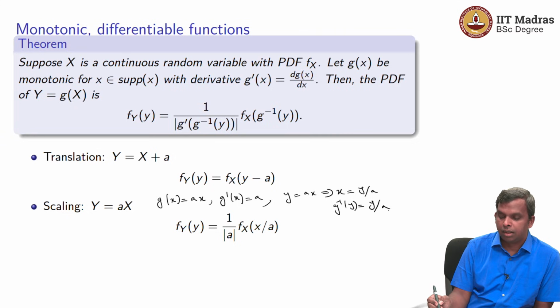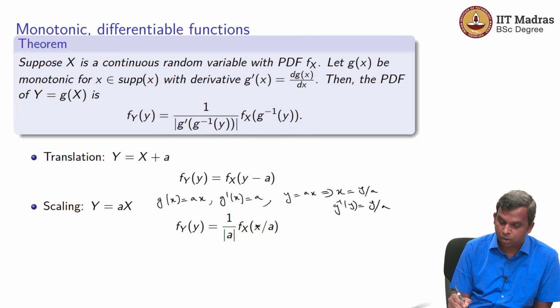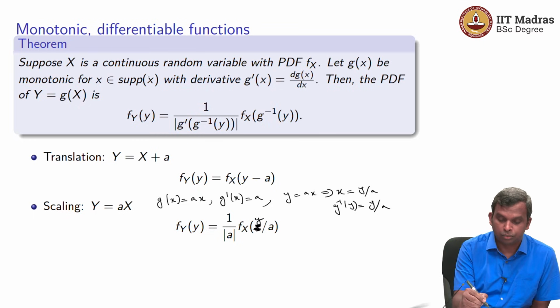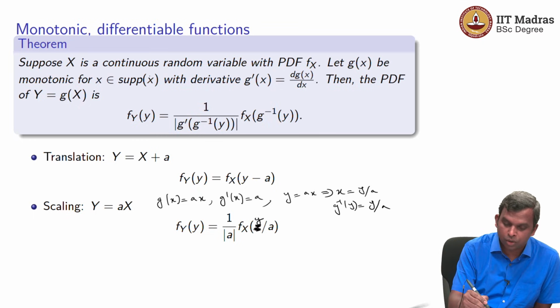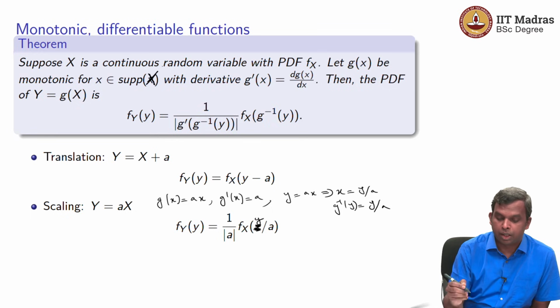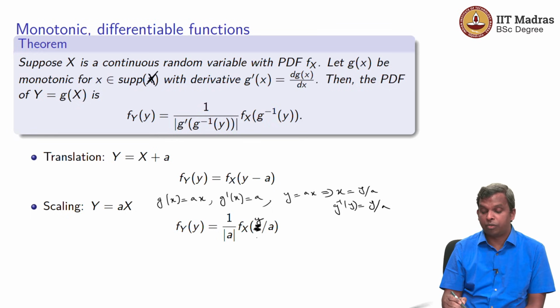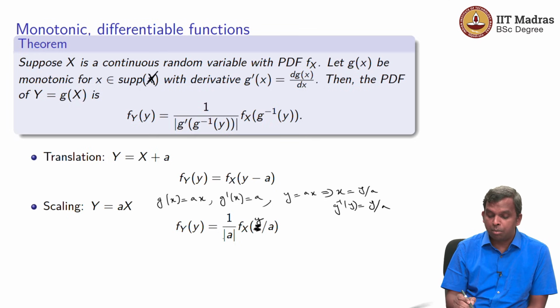I put x by a here, this is again wrong; it should be y by a. In all of these things the support has to be capital X. So this is f_X of y by a, and notice what happened here: it became 1 by mod a.